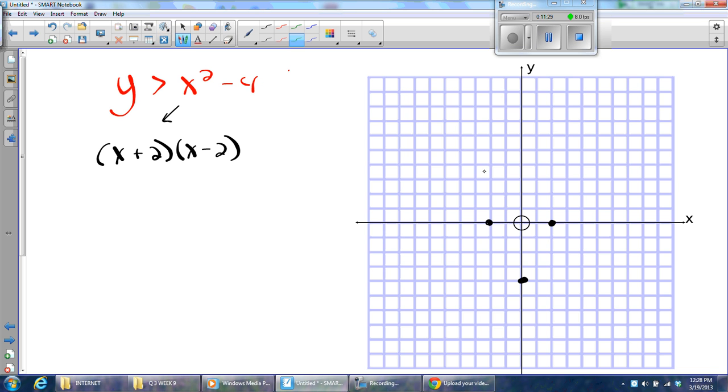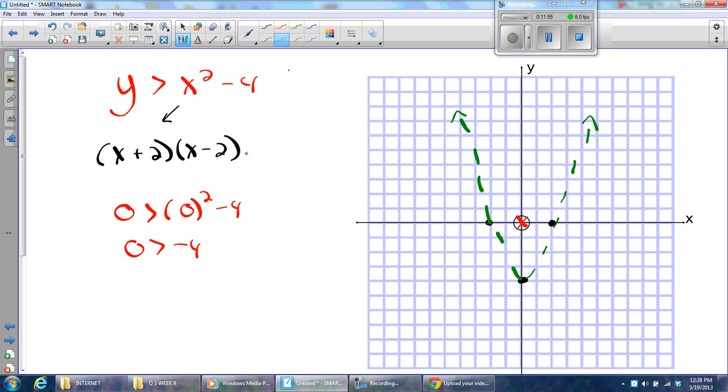Okay, so now I'm going to draw my parabola. And it's a broken curve because it's not equal to, right? Okay, now I'm going to use my test point. Remember, for an inequality, there's a test point. Then I'm going to plug 0 in for x and 0 in for y and see if I get a true statement. 0 is greater than negative 4.